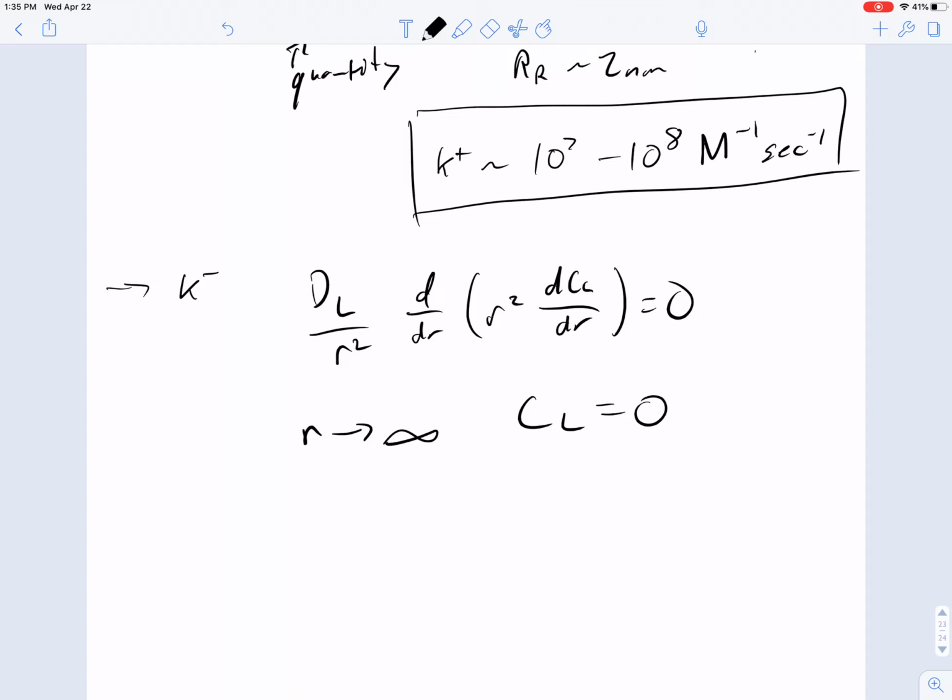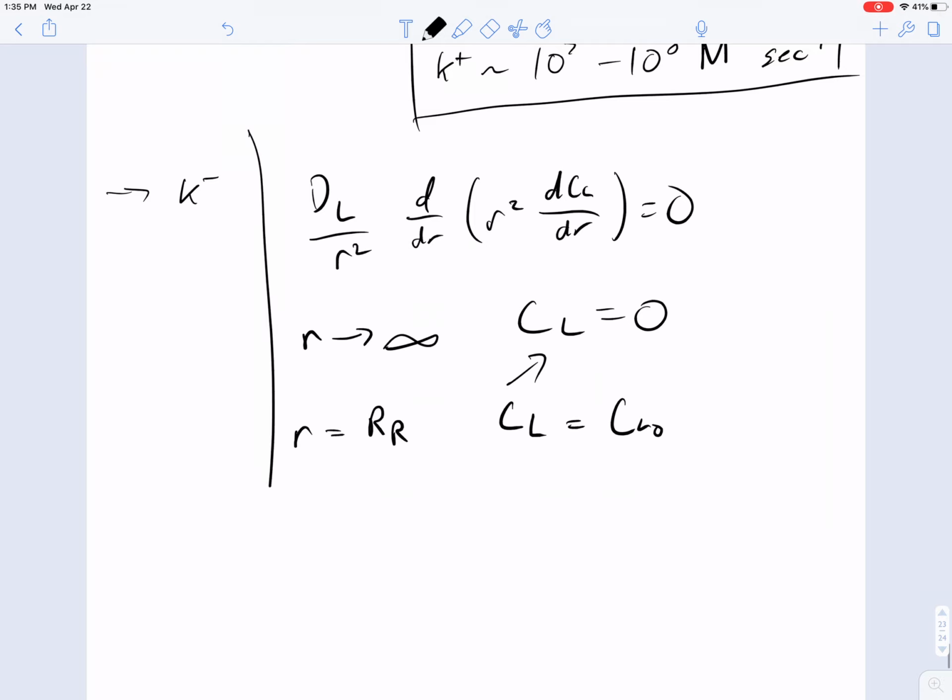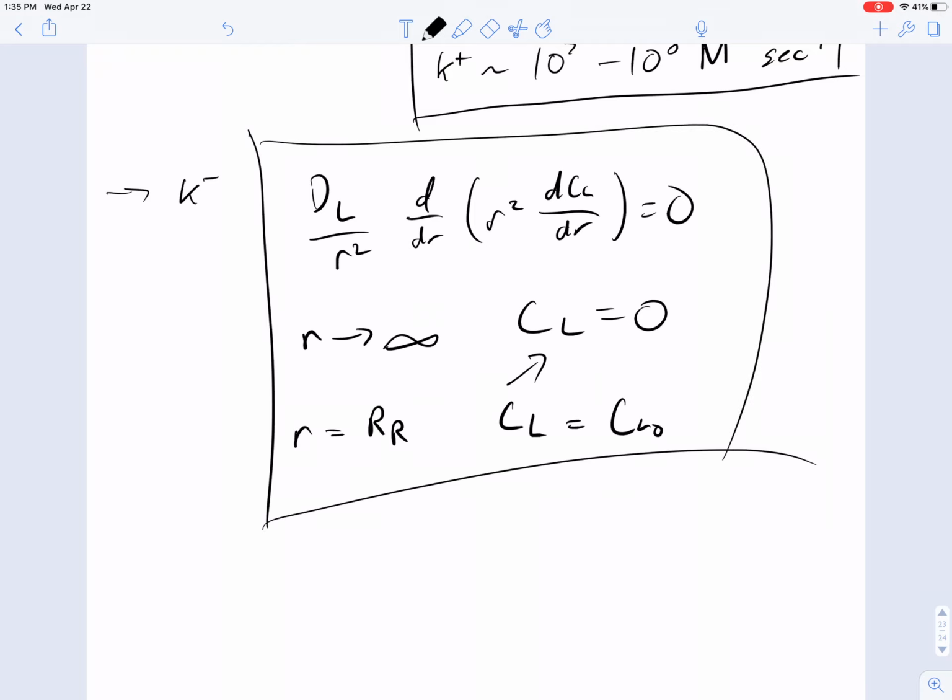Suppose you have a bound receptor and you put it into a bath where there's no concentration of ligand that isn't bound to the receptor. And right at the surface of the receptor, at the radius of the receptor, Cl equals Cl0. So this equation set forms the PDE basis to calculate the off rate, the K minus upper limit.